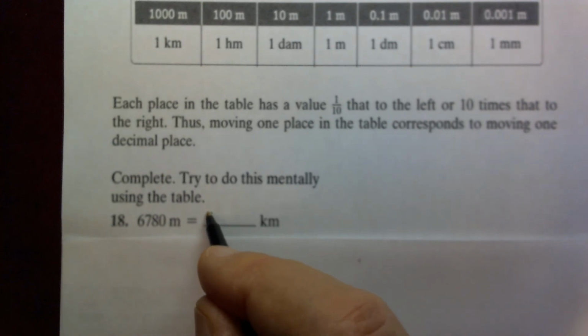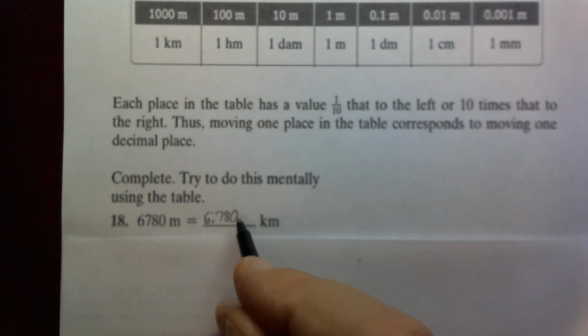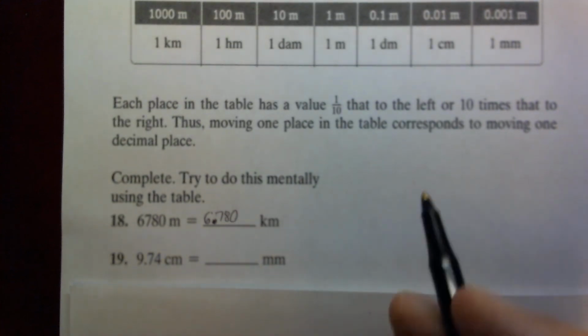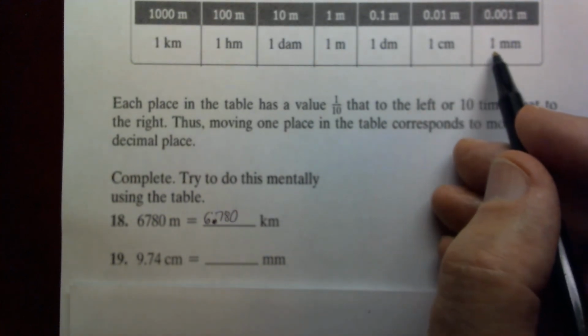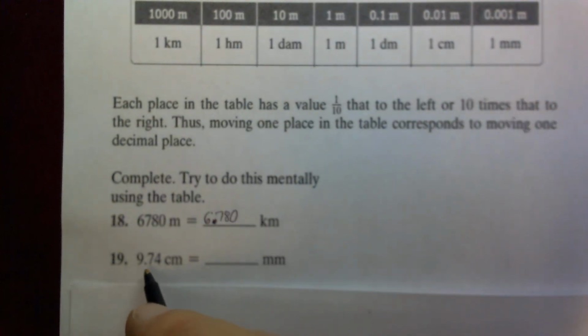This then becomes 6.780 kilometers. In the next exercise, 19, we go from centimeters to millimeters. And when we go from centimeters to millimeters, we go 1 unit to the right. So we move the decimal 1 to the right, and it becomes 97.4 millimeters.